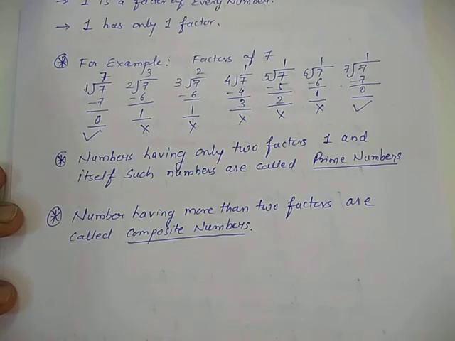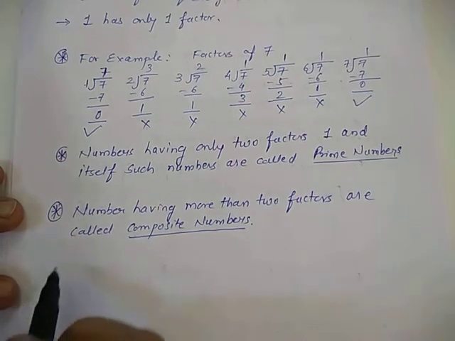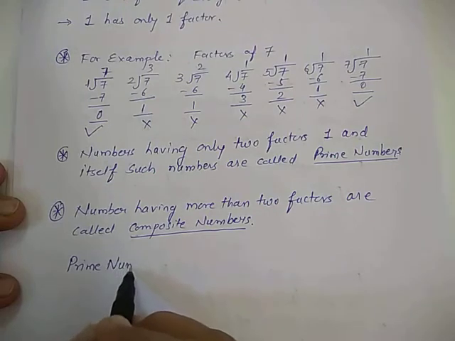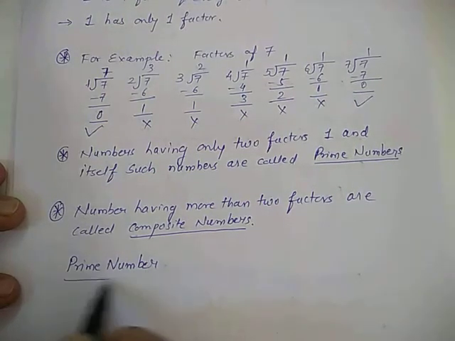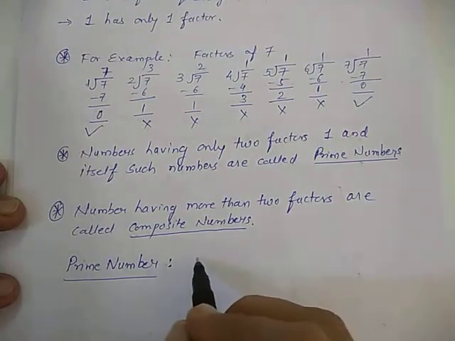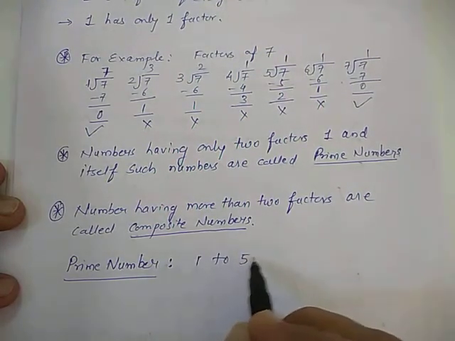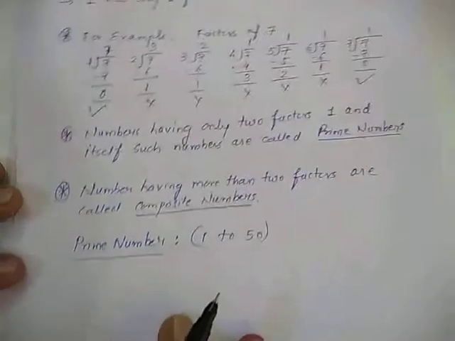Now the prime numbers, if we calculate them, for our knowledge between 1 to 50. So which are these numbers?